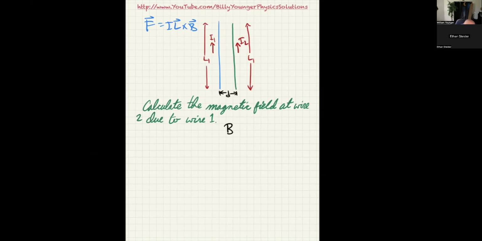So B, and this is caused by 1, and it's on 2, so I'm going to call it B21, is equal to mu 0 I1 over 2 pi times D. And notice that means the magnetic field that I'm talking about here is actually pointing into the page at that location where the green wire is. Okay.